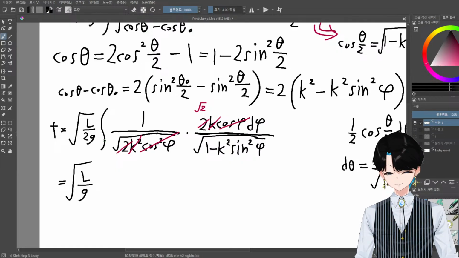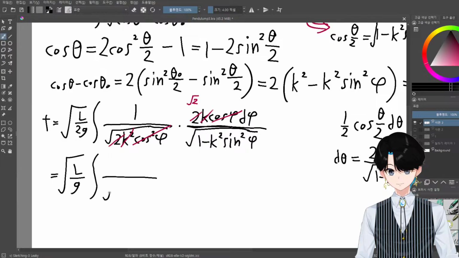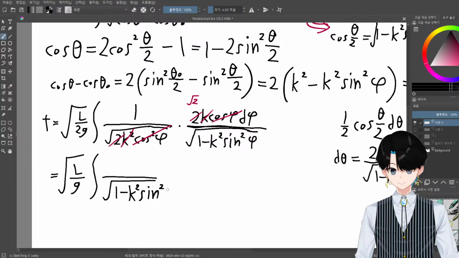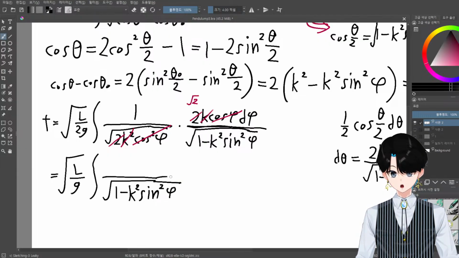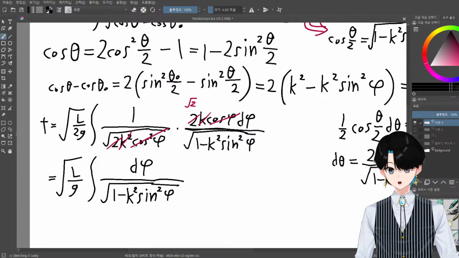It will turn into root of L over g, integral of 1 over root of 1 minus k squared sine squared b d phi.